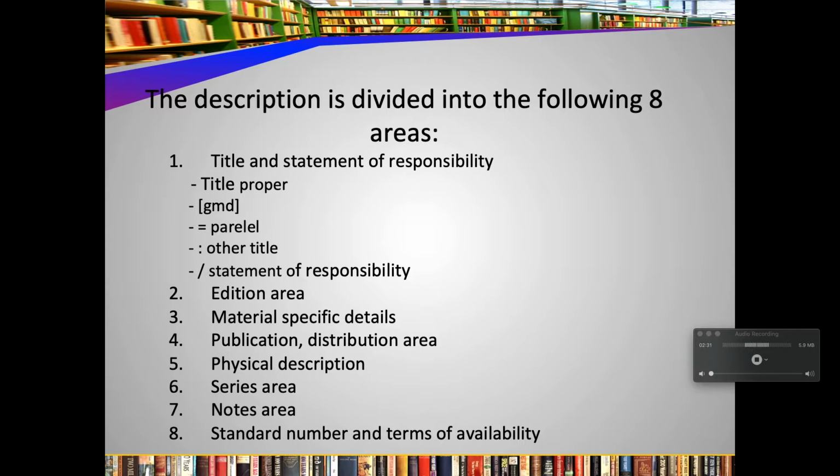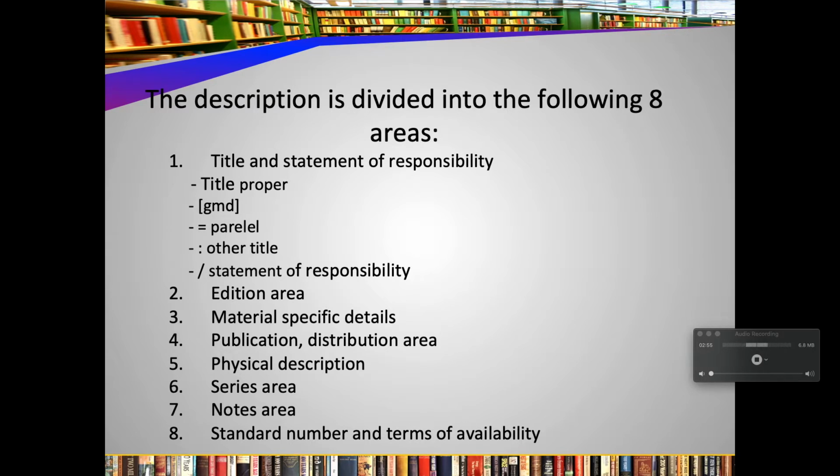Next, publication, distribution, production area. It is the name of the entity that is responsible for the representation and packaging of the information, normally represented by publisher and place of publication information.